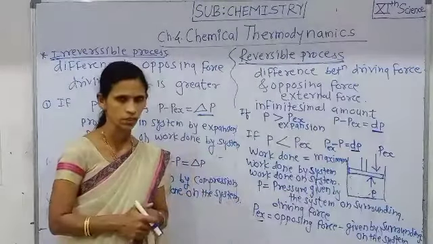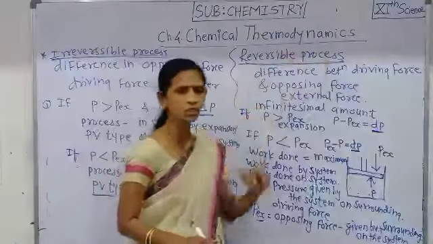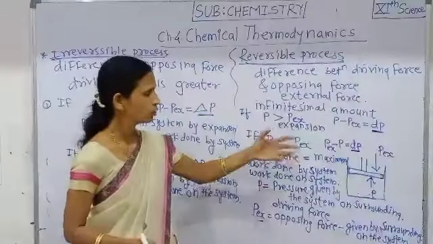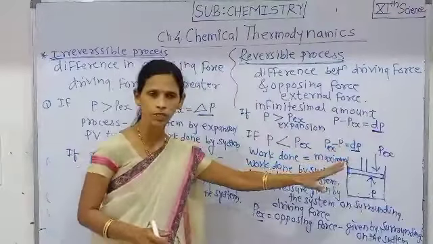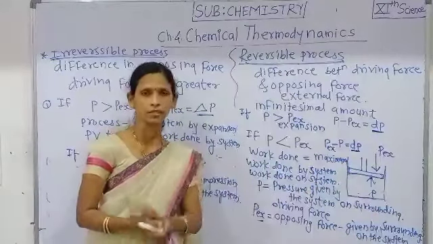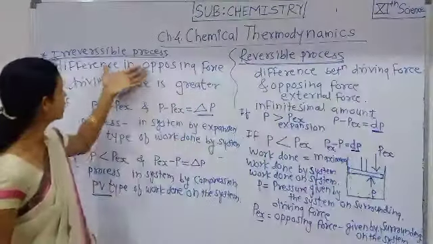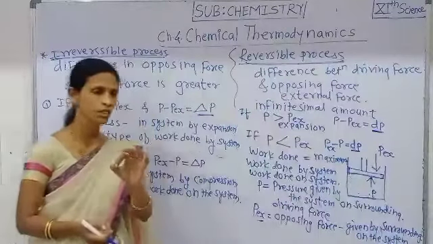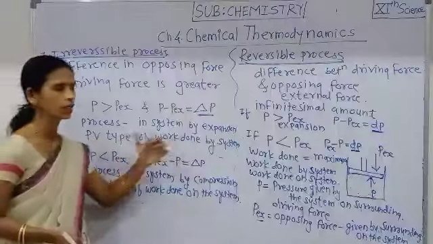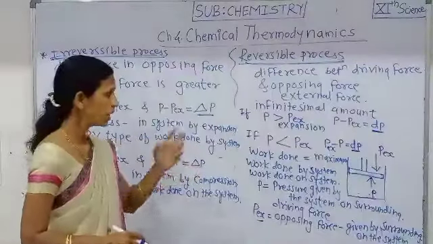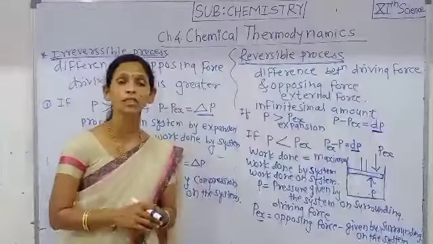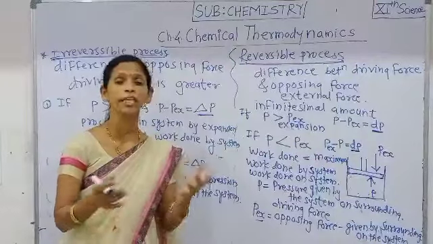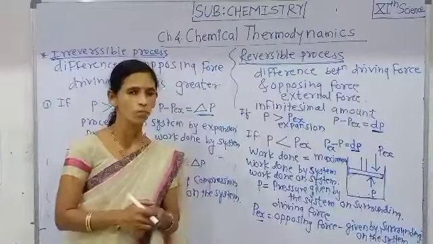Here in the reversible process, the work done in this process is W max. Here the work done in the irreversible process is PV type of work done. Then there is work done in the system, whether it is by expansion or by compression.